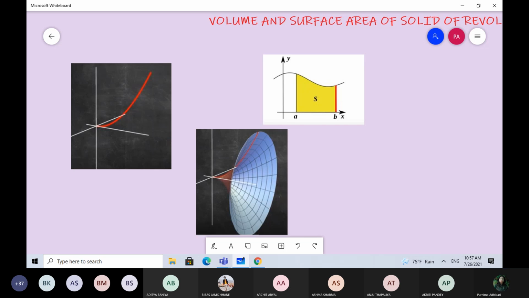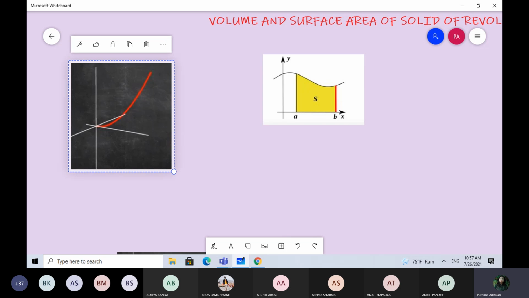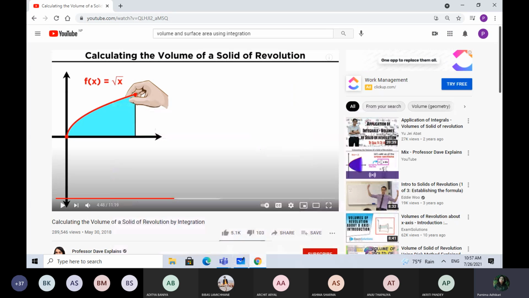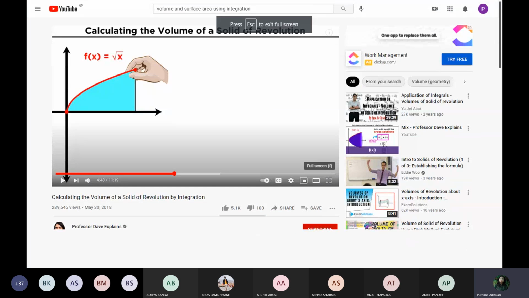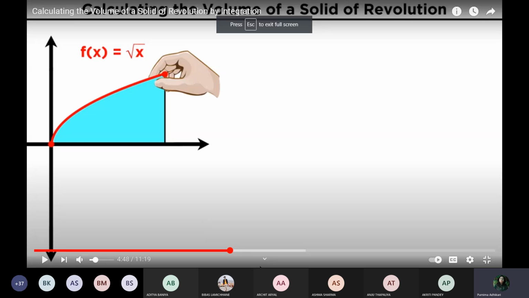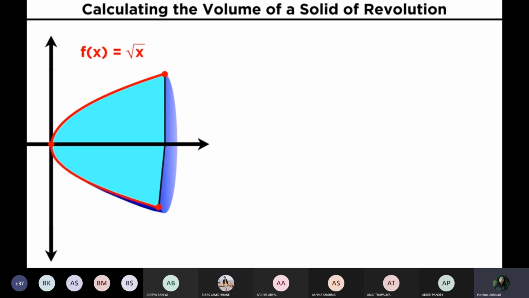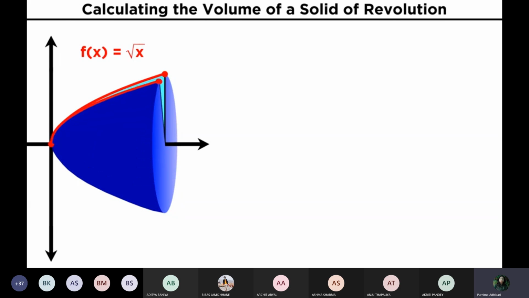Okay, so now let me show you one video which shows what actually happens when you are rotating any curve. So you can assume that we are holding this curve by a hand and rotating it about x-axis by 360 degree.